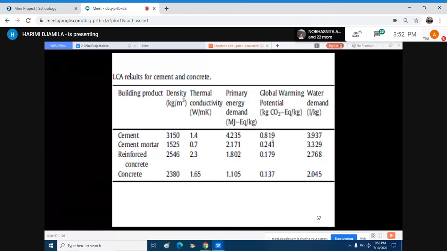So here you see the amount of global warming potential. The differences are not that big between cement, concrete, mortar, and reinforced concrete. But then the highest one is cement. It's a good indication to know which one is. And water demand, you have some of the data. The last one is concrete compared to the remaining, but that's it.